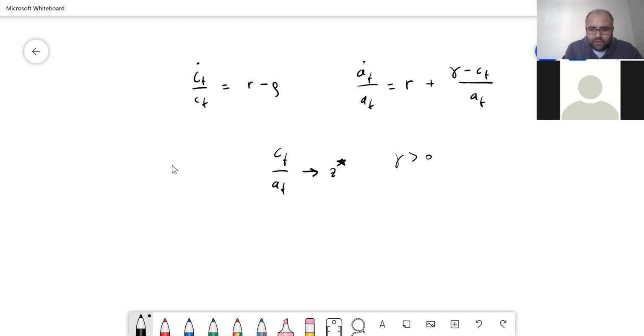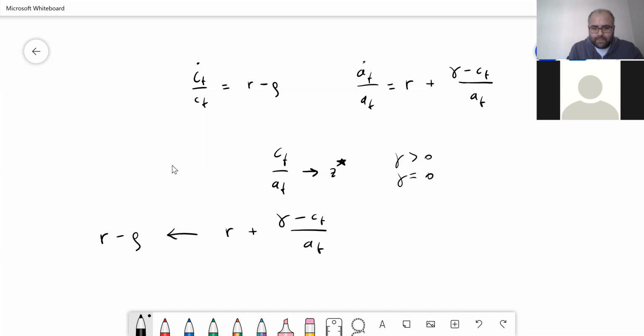Again, here you can assume both ways. If it is positive, when AT is growing, in the very long run, it will go to zero. But anyhow, here you see a type of balanced growth situation. How do you find Z star then? You can tell me that r minus rho must converge to that.